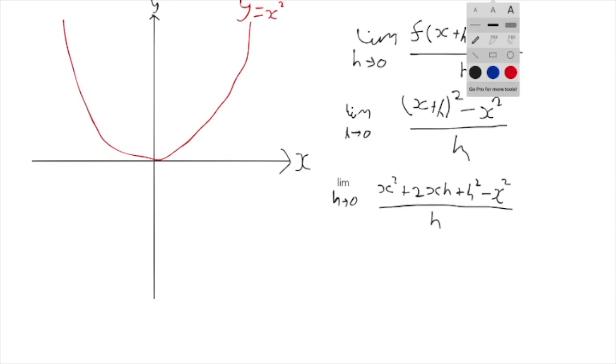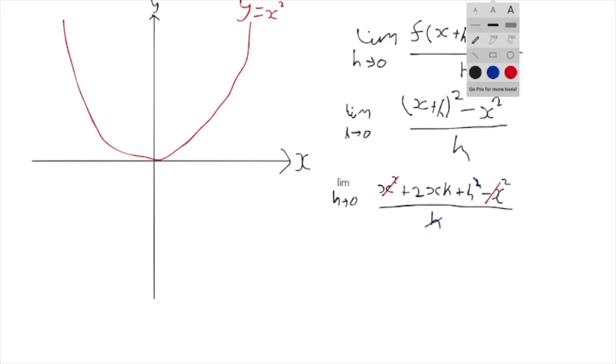The observant among you may notice we have an x squared and a minus x squared, so those two cancel. And doing a little bit more algebra, we can divide the bottom by h, taking out this h and the squared.